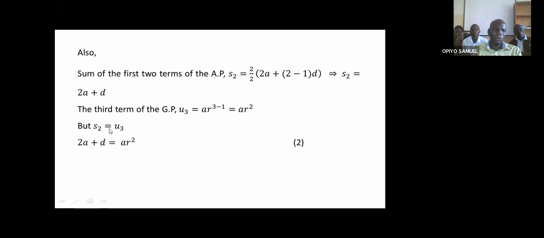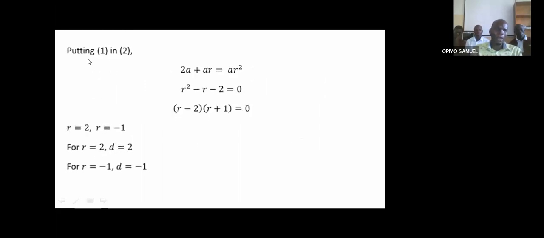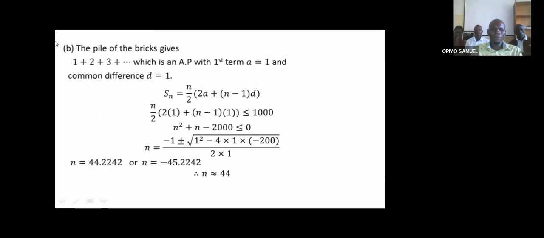Since S2 equals u3, we get 2a plus d equals ar squared. Call this equation number 2. Now, if we replace d by ar, remember in equation 1, putting 1 in 2, we get 2a plus ar equals ar squared.